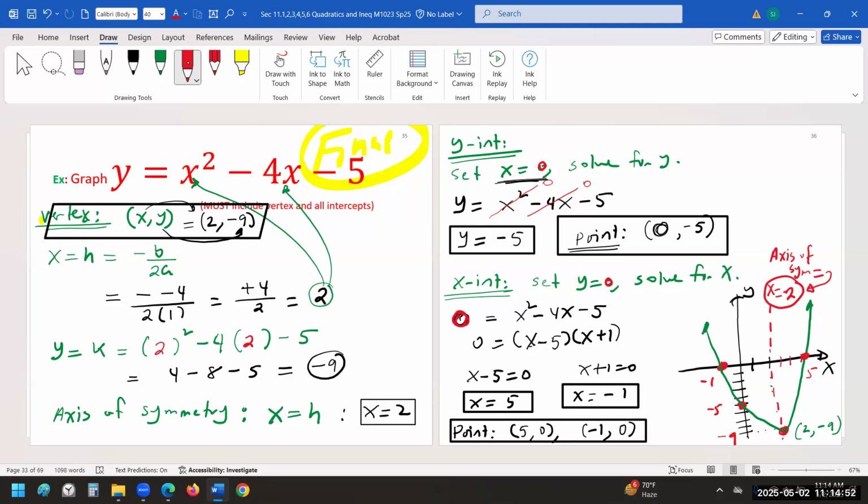So you factor, and now you divide by the negative one. You can divide or you can multiply. We're dividing both sides by negative one.